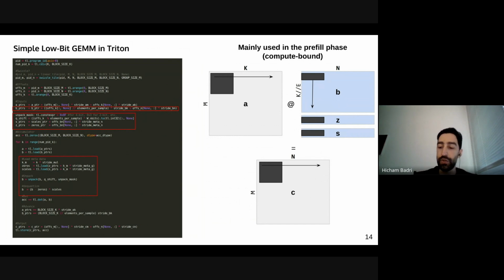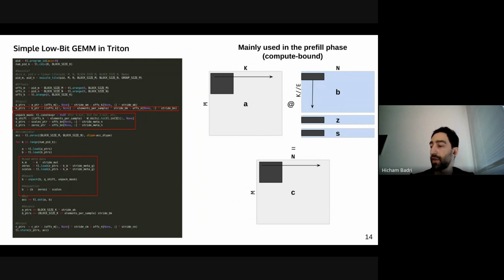When you have packed data, instead of loading one chunk at the offset k and then doing a copy, since it's packed, you need to actually copy it. If you're storing two 4-bits in one 8-bit, you need to load this chunk, make a copy of it, concatenate that, and then do the dot product.